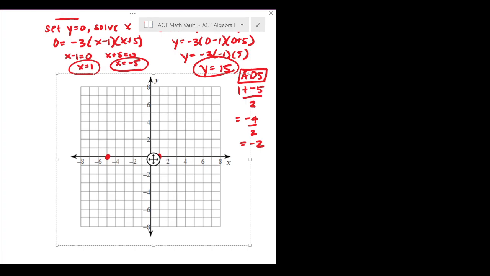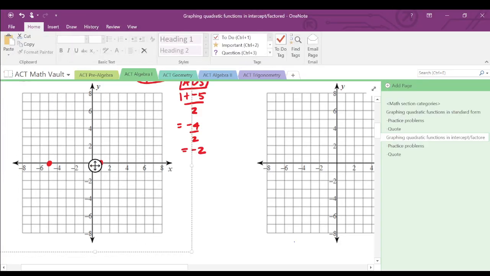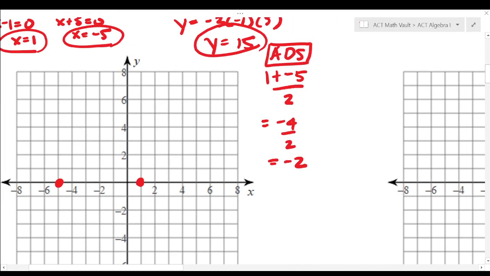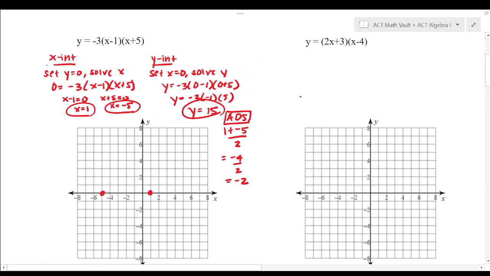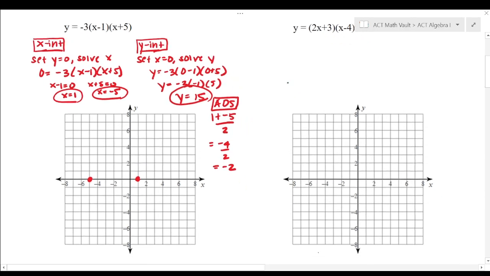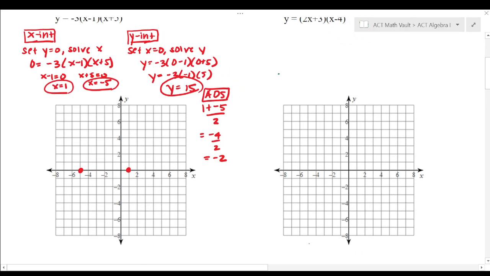Let me go ahead and box everything here. So I always want to stay very neat and organized so that everything pops out at me nicely. So x equals -2 is where our axis of symmetry will be. That is the mirror line that will cut the graph in half.